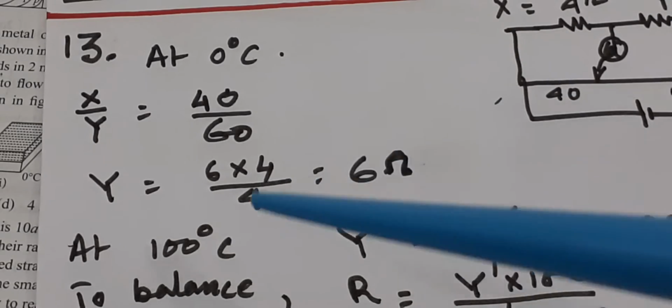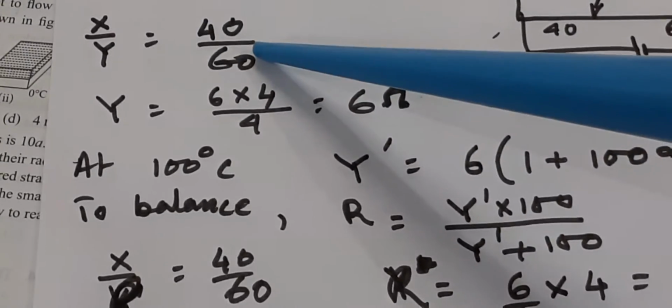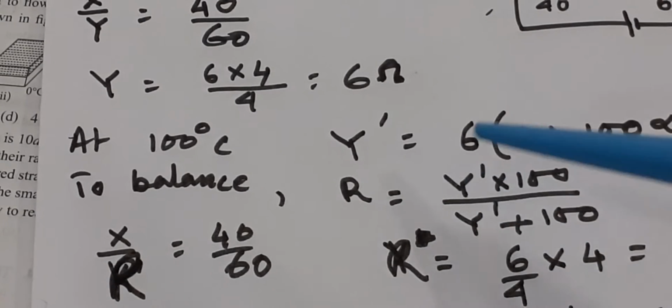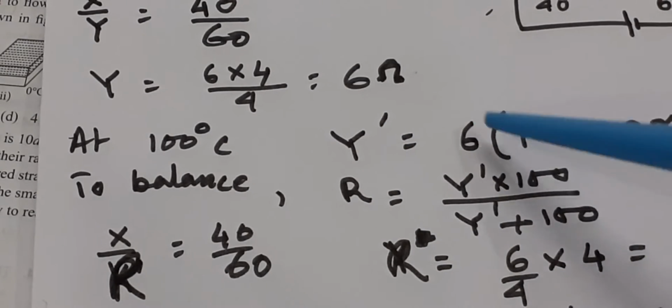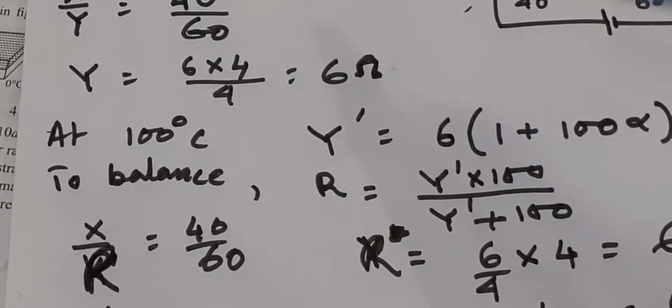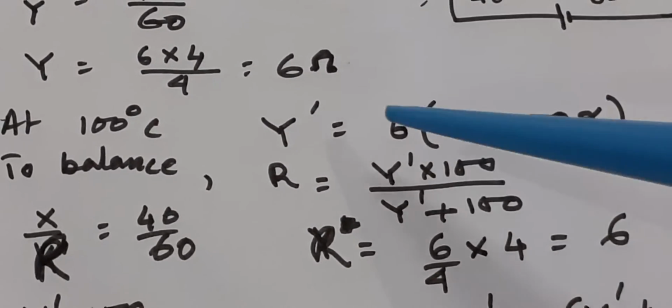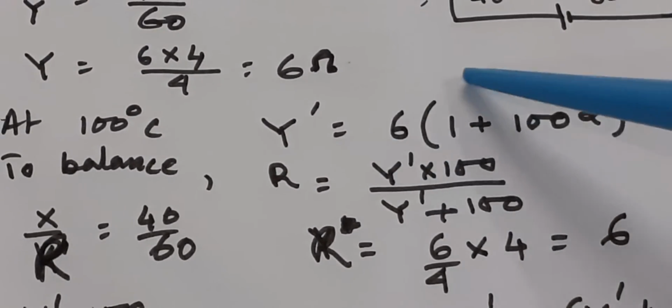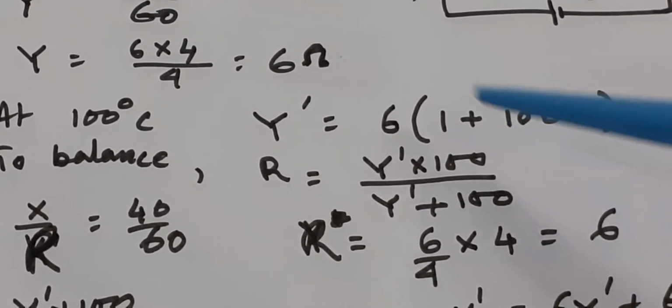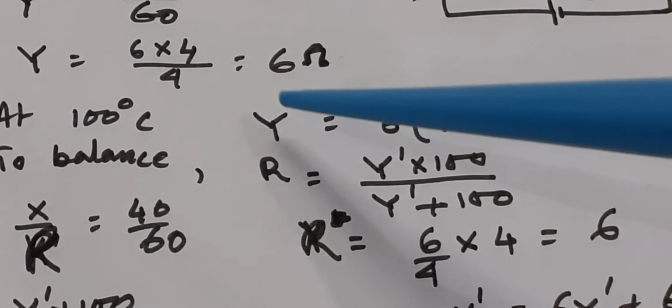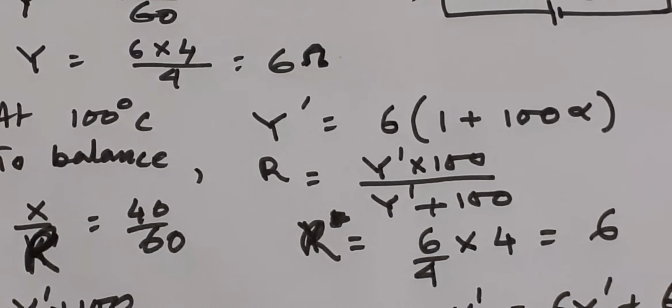Now when temperature is raised to 100 degrees Celsius, y will become, you know that resistance will increase like R naught bracket 1 plus alpha into delta T. In the same way here it is 6 bracket 1 plus alpha into 100 degrees Celsius. That will be the resistance at 100 degrees Celsius for Y. Now that is taken here as Y dash.